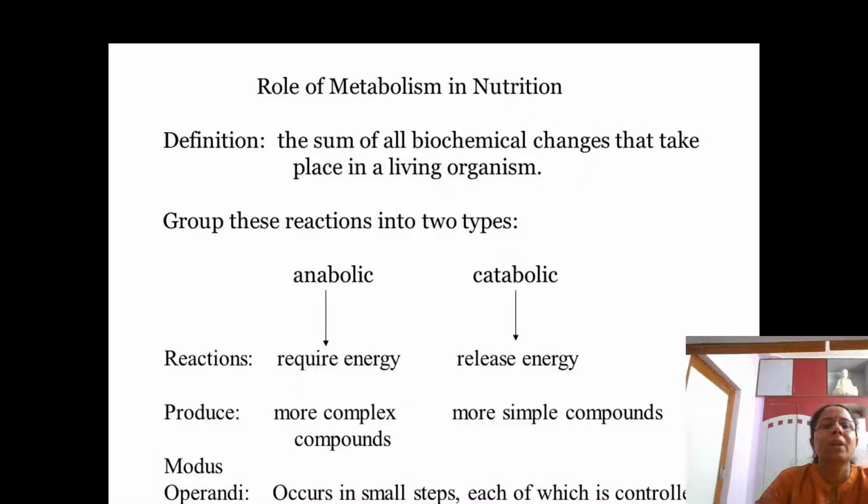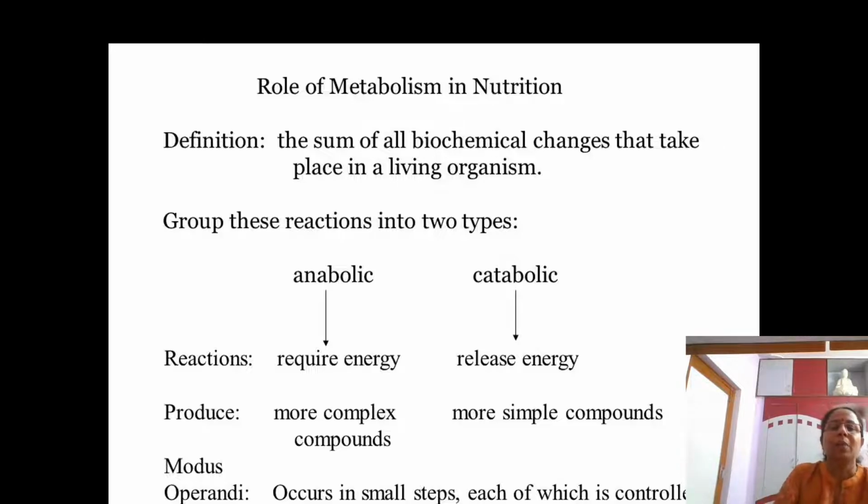Now, the sum total of all biochemical changes or biochemical reactions that take place in the living organism is termed as metabolism. And in this, there are two types: anabolic reactions and catabolic reactions.